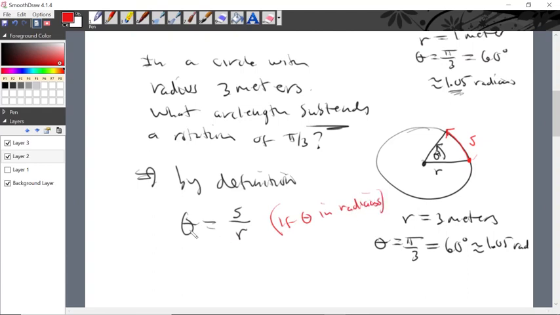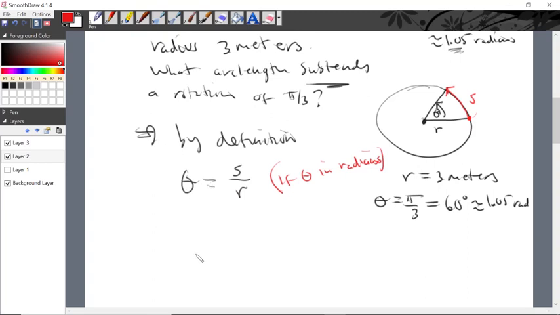If theta was in degrees, you would want to convert it into radians before going to a formula like this. So anytime you want to, for instance, find an arc length, if you're using an angle that's measured in degrees, you should think first you need to convert to radians so that then you can access the formulas that tell you about distances along a circle.